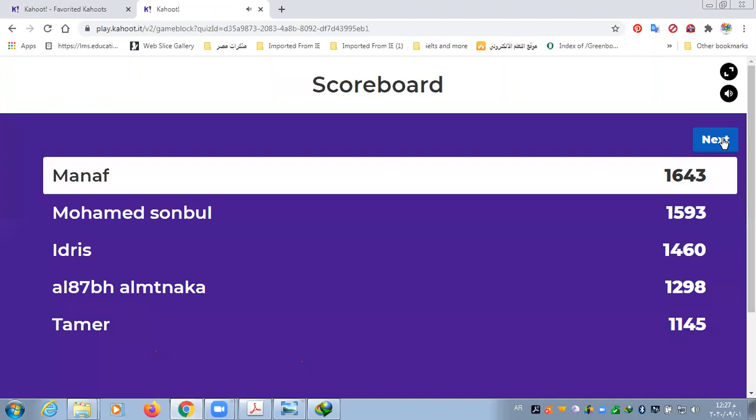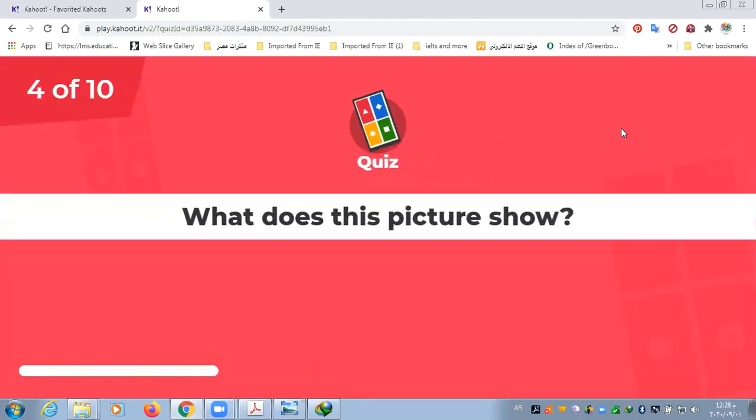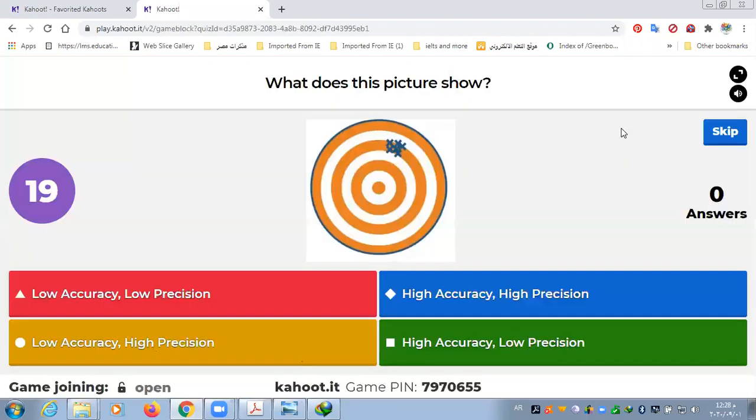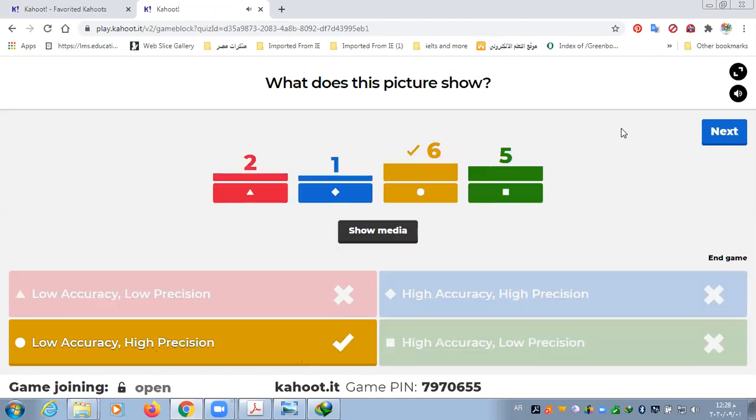Excellent. Yes, they were near to each other, so high precision, but far away from the real value or the true value, so they have low accuracy.